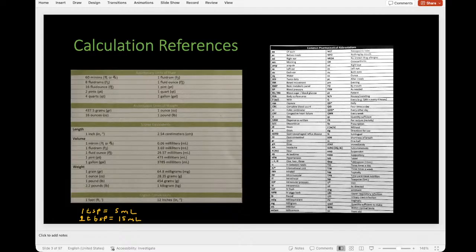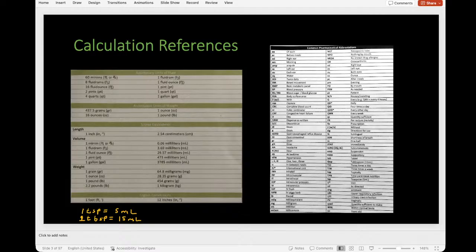That basically involves things like length, where 1 inch is equal to 2.54 centimeters, the volumes, the weight, and at the end here, obviously, the English conversions, which involve 1 foot equals 12 inches. I put 2 other things down here about teaspoon and tablespoon.